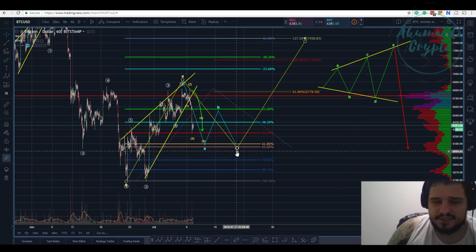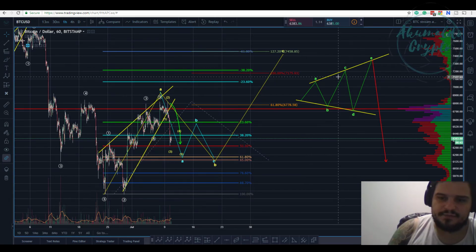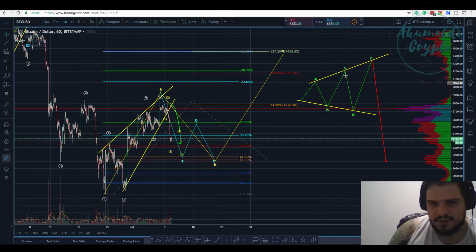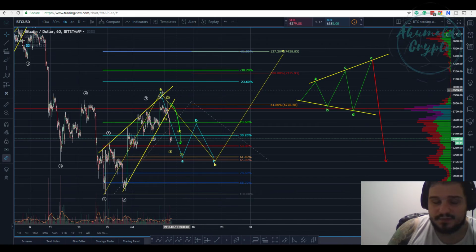But this B here, I'm inclined to discount this expanded flat. It is not possible because we don't have a C that has broken this resistance.